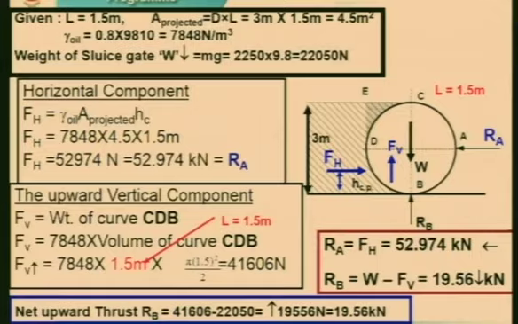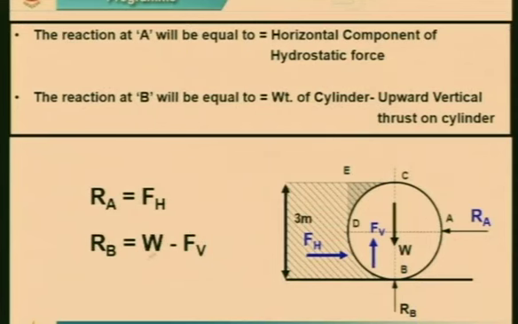Let us go back and continue our calculation. Now we can see gamma oil, which is 0.8 into 9810, the specific weight of water. Please calculate it on your calculator, you will get 7848. Now one more thing which we have not encountered earlier is the weight.